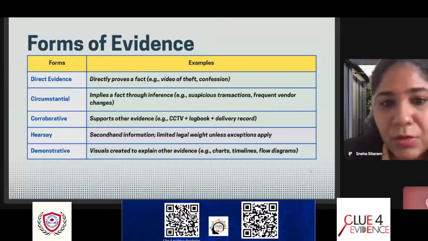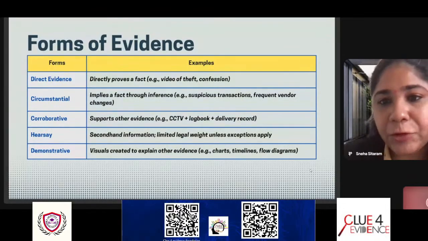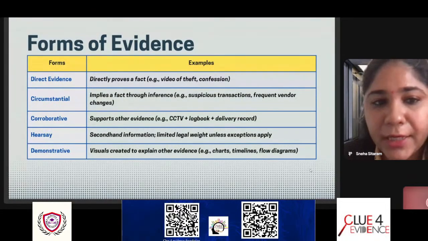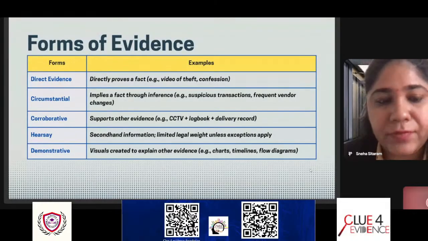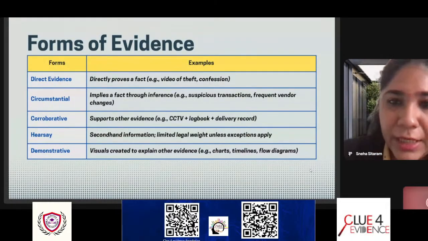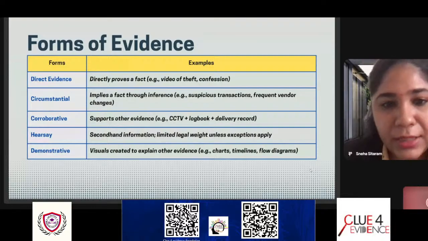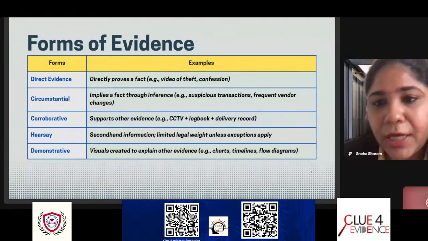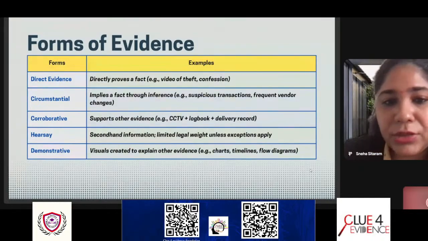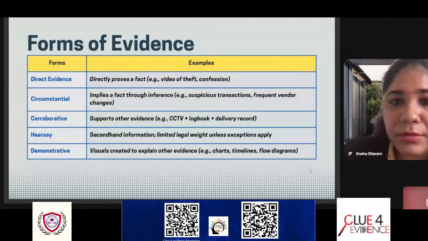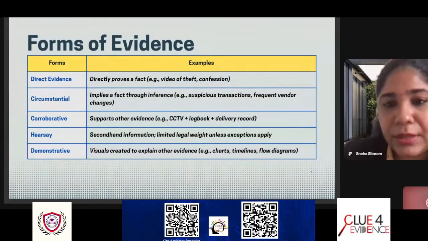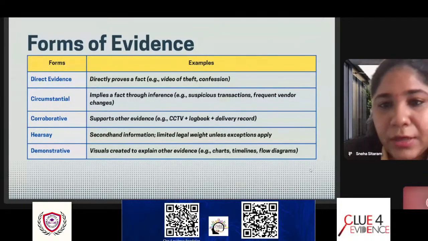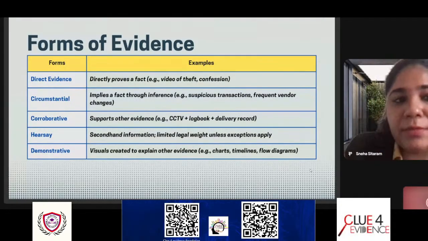Demonstrative evidence is there. If we have to show the patterns from the data analysis or the various theories we have used, we can create that into visuals, and then project the anomalies in charts or timelines, and map them in different time frames, and show that this is a timeline which is leading to circumstantial evidence.